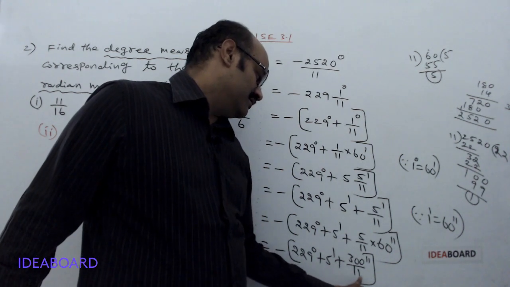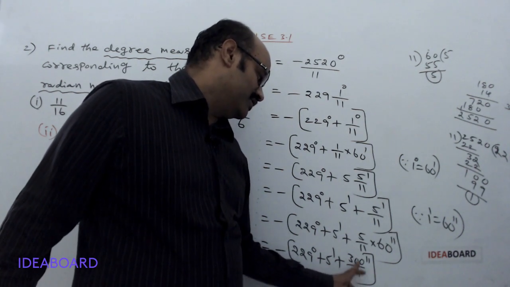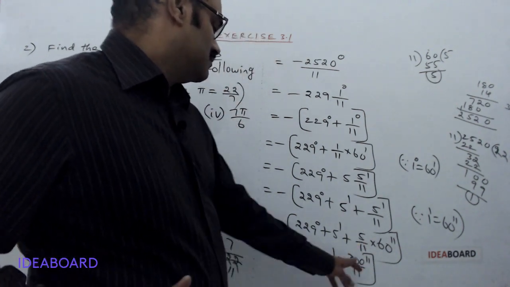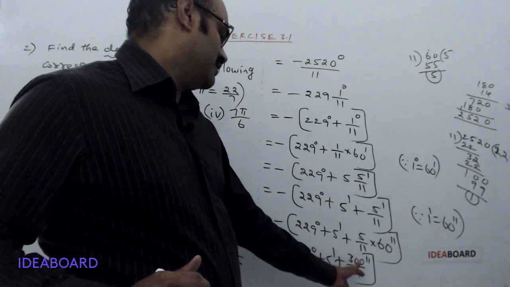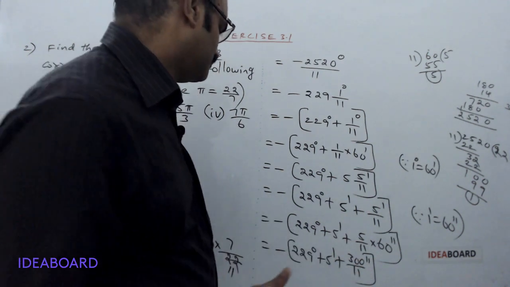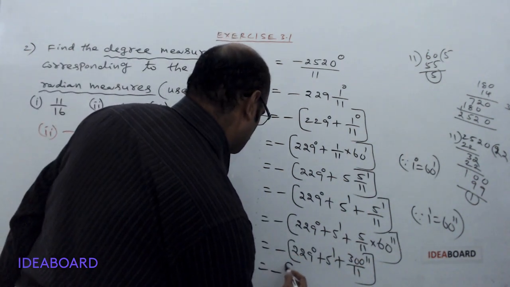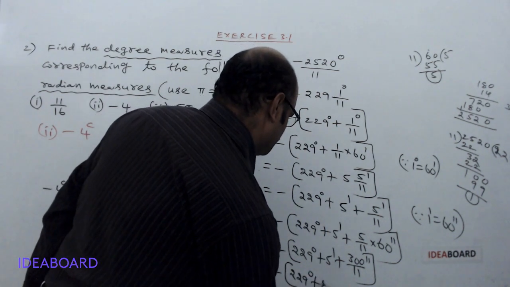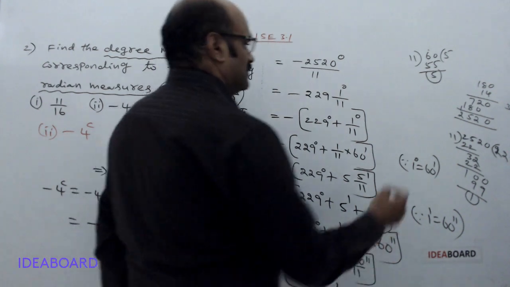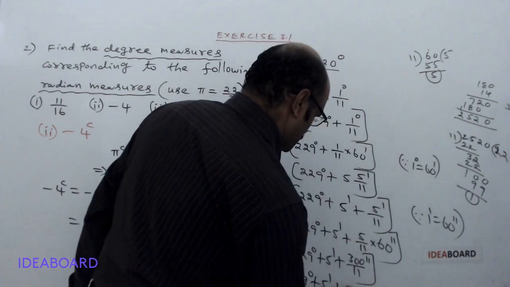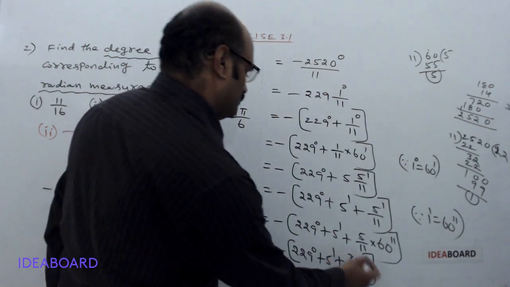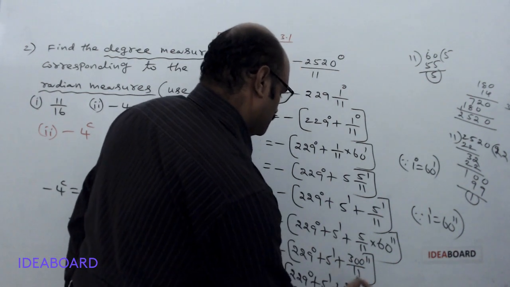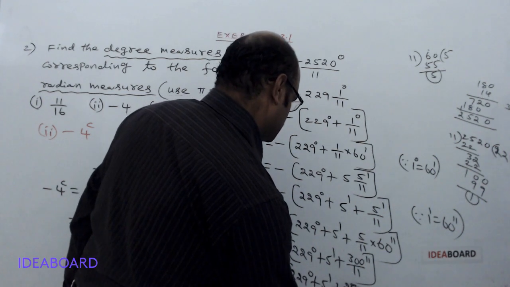So here 300 by 11 will be approximately 27, since 11 2s are 22, then we have 80, and next 11 7s are 77.